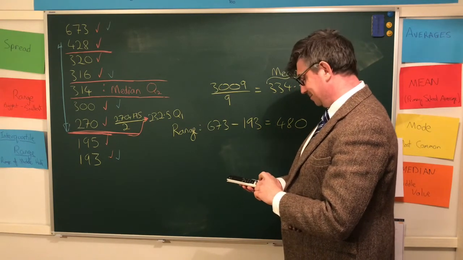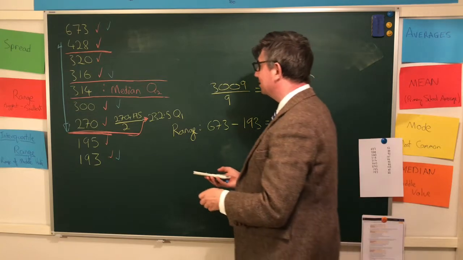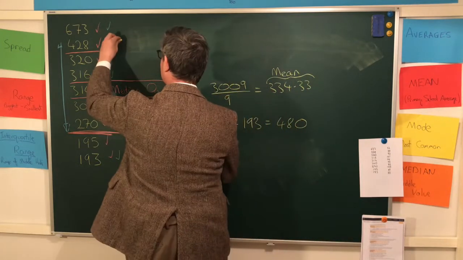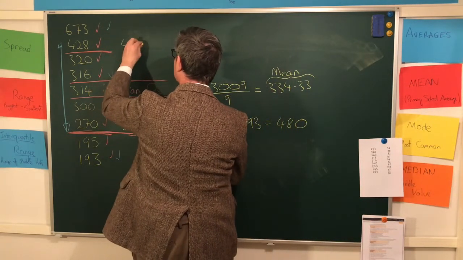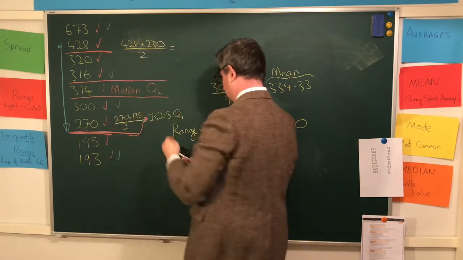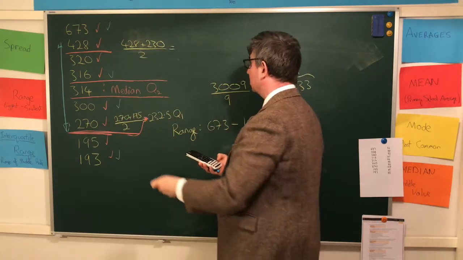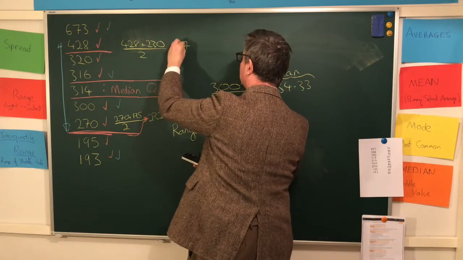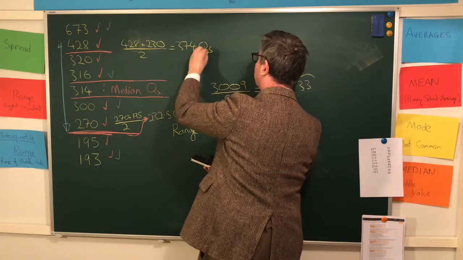428 plus 320. So it's 428 plus 320 all over 2, which is equal to 374. And that's Q3.